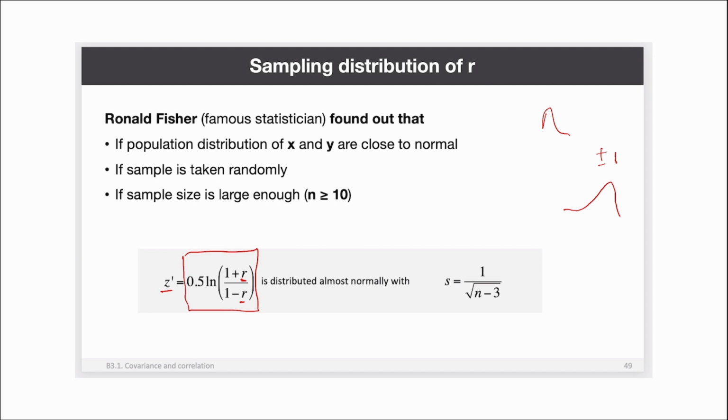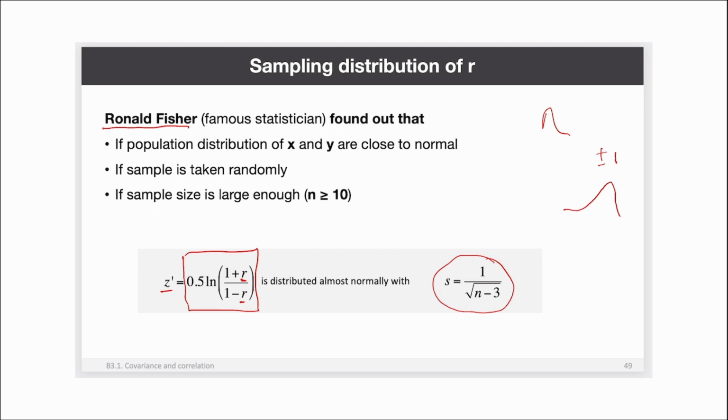And then we found out, actually not we, of course, it was Ronald Fisher who found this, that this transformed value follows a normal distribution. Not precisely, but it can be well approximated by a normal distribution, and then the standard deviation of these Z prime scores will be 1 over square root of sample size minus 3, right? So you already used a transformation, and it helped, actually.